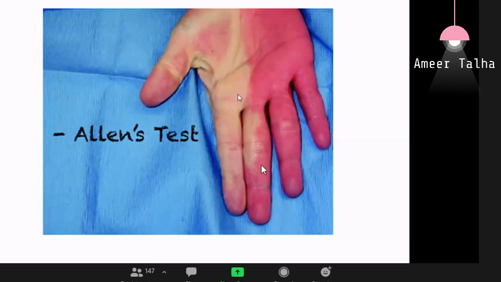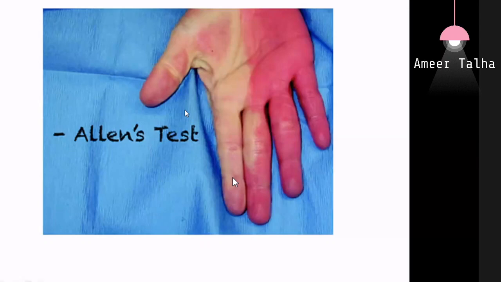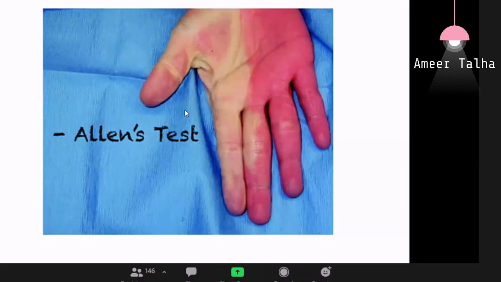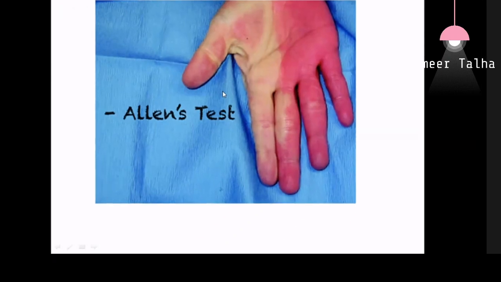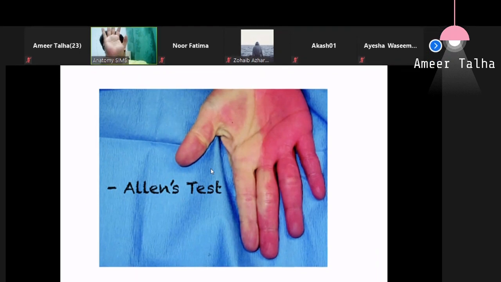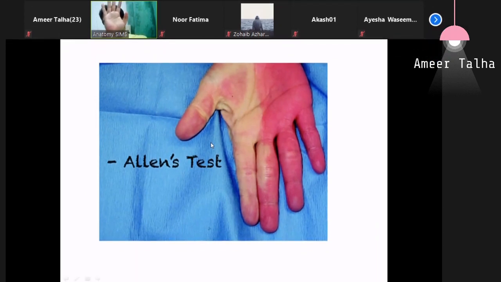Okay. Allen's test is a clinical test used to check the patency of the radial and ulnar arteries forming the superficial and deep palmar arches. To perform this, first the thumb and fingers are flexed, and at the wrist joint the radial and ulnar arteries are pressed. This would block the blood entering the palm, and the palm would appear whitish.